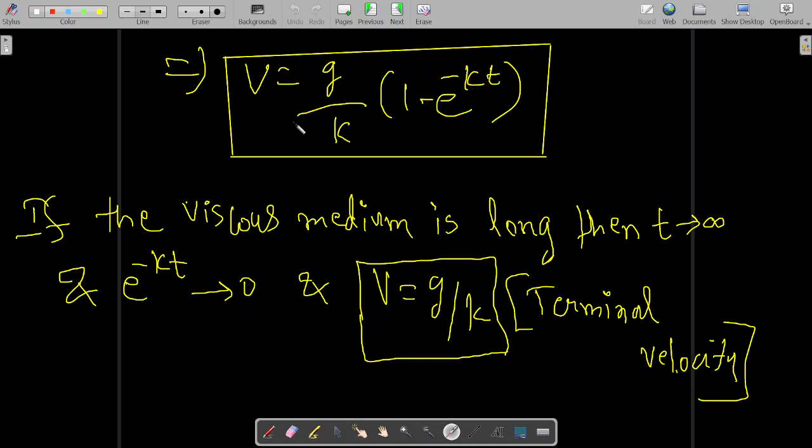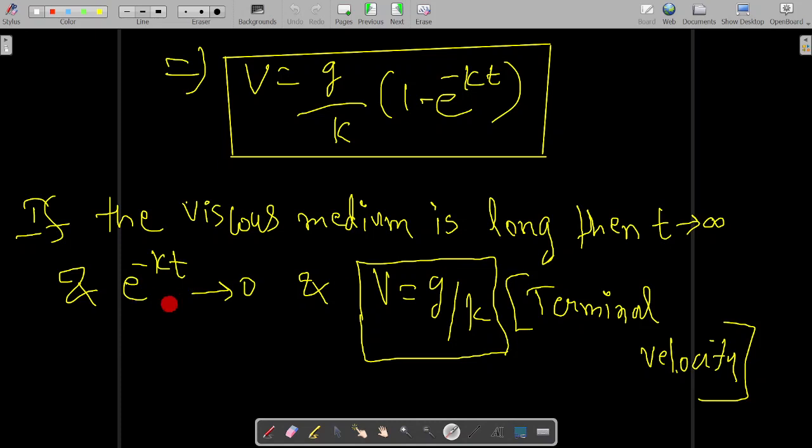Why will this term vanish? Because e to the power minus infinity will come, and e to the power minus infinity is 0, right? Because e to the power minus infinity is equal to 1 upon e to the power infinity, which is 1 upon infinity, and 1 upon infinity is equal to 0, right? So that's the thing.